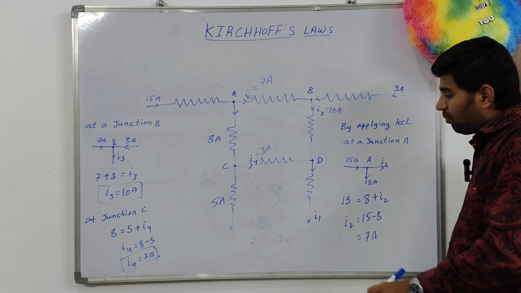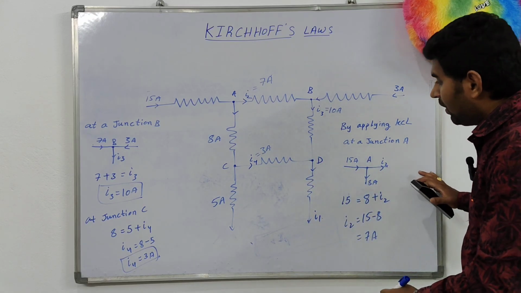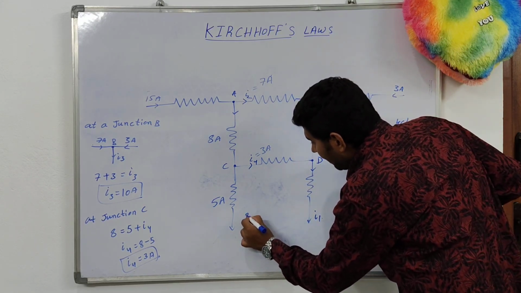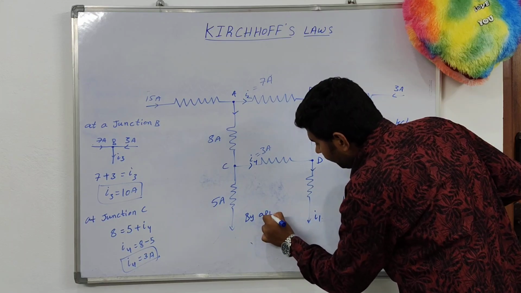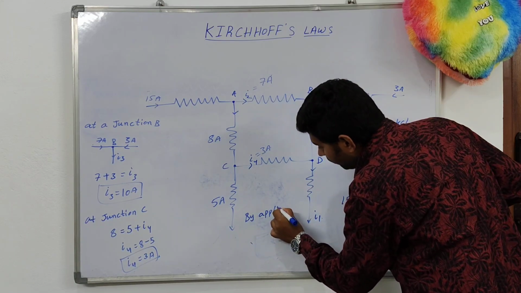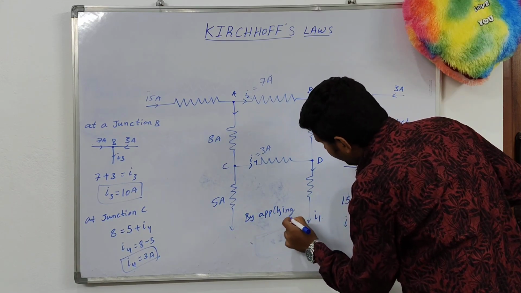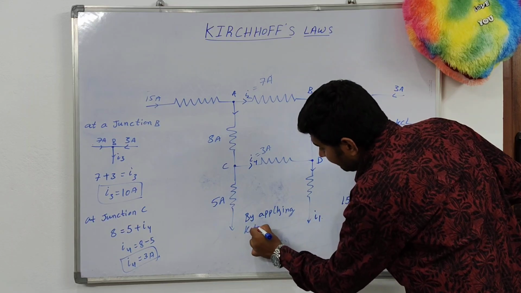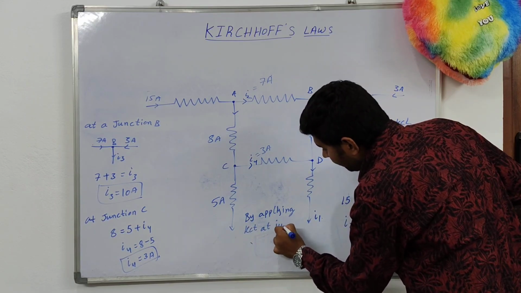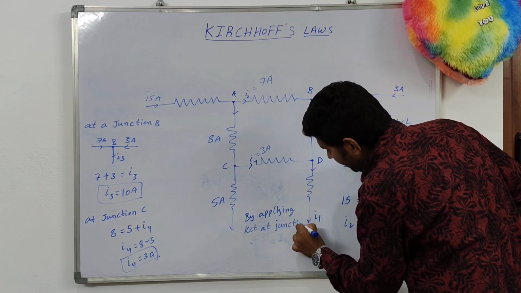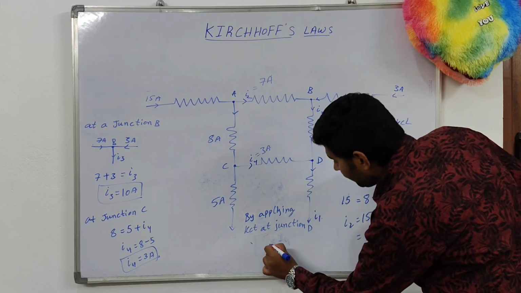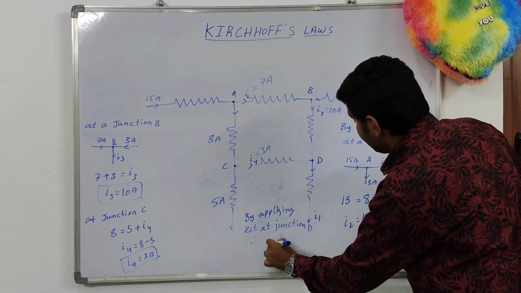By using this junction point, we are able to find out I1, by applying KCL at junction D. If you observe, what are the incoming currents?